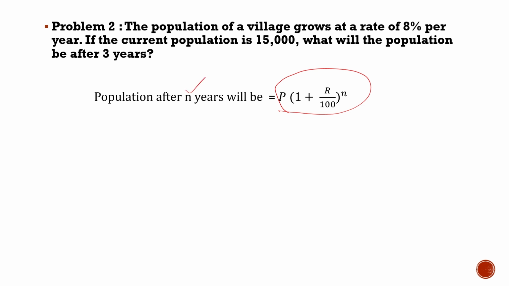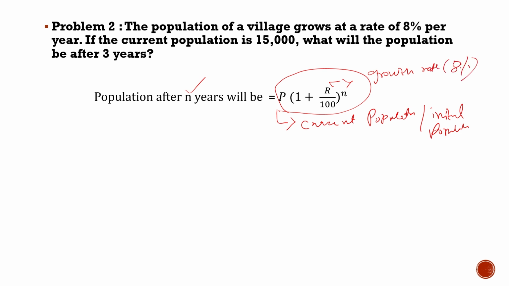So here we have taken n years to generalize it. Here P is the current population or the initial population. R is the growth rate, right, which is given in this problem as 8%. And you have to calculate the total population after 3 years.